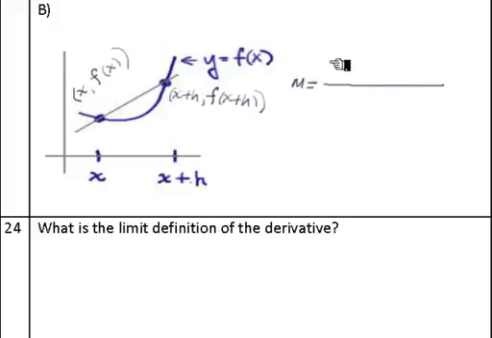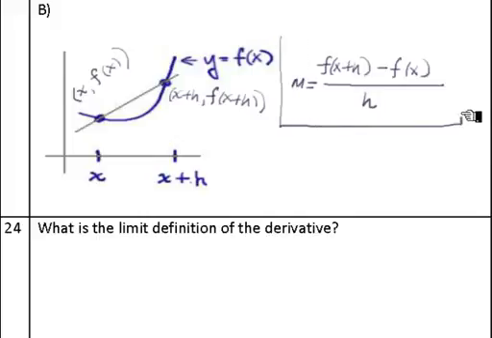Change of y, f of x plus h minus f of x, and change of x is x plus h minus x, and that simplifies to just h. So that's another way of expressing the slope of the secant line.